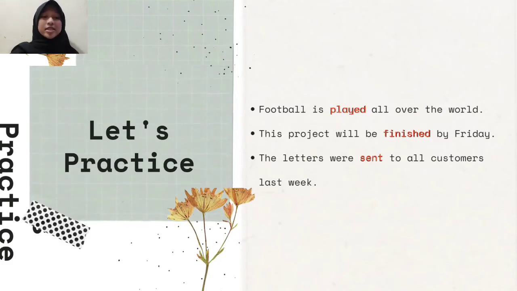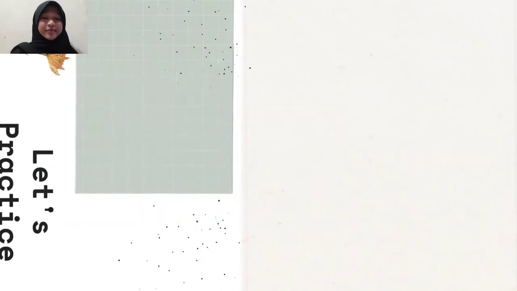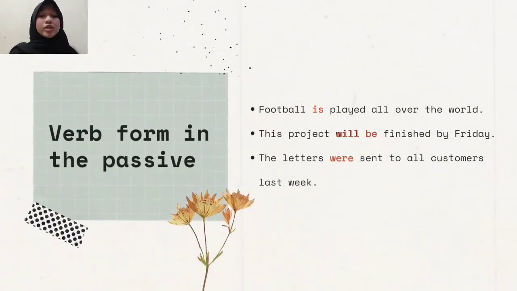Here's a question. These sentences contain the verb be, but it's different in each sentence. Do you know why? Let's look together. What do you do if you want to make a passive sentence past or future or present perfect? What changes? Look at our last 3 examples again.